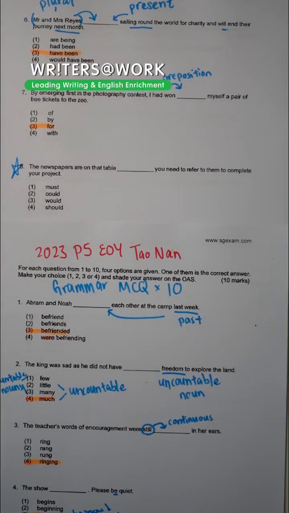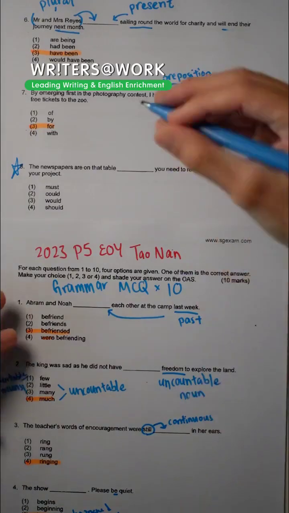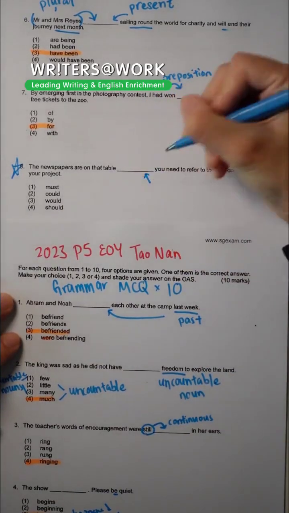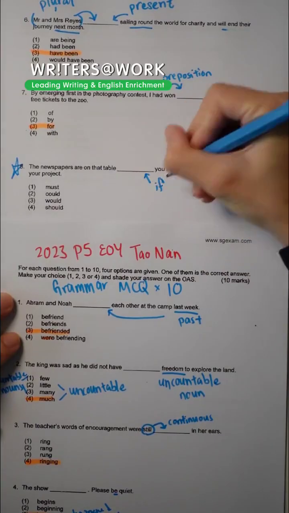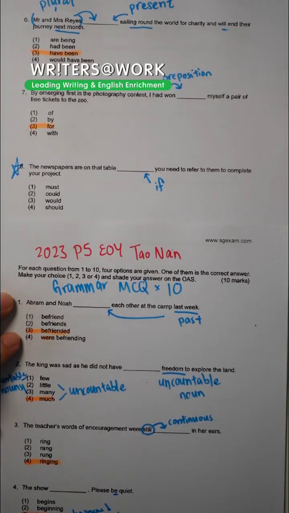Okay. Take a minute. Consider how you use these words in a sentence, right? Do they have more than one meaning? Or when placed in different contexts, they can have different uses. In this case here, you're looking at a condition, right? If you need to refer to them, the newspapers are on the table available for use.